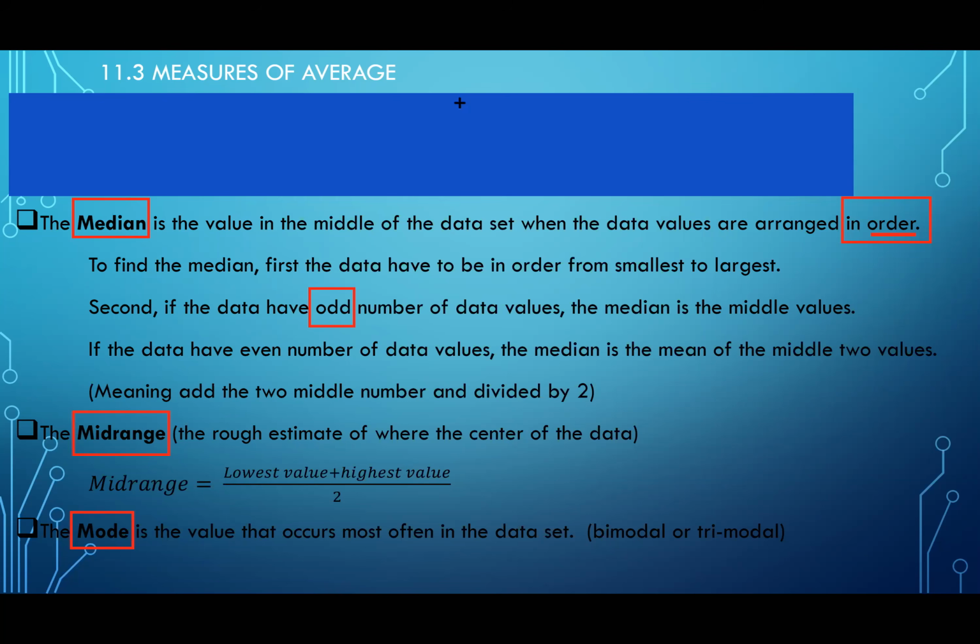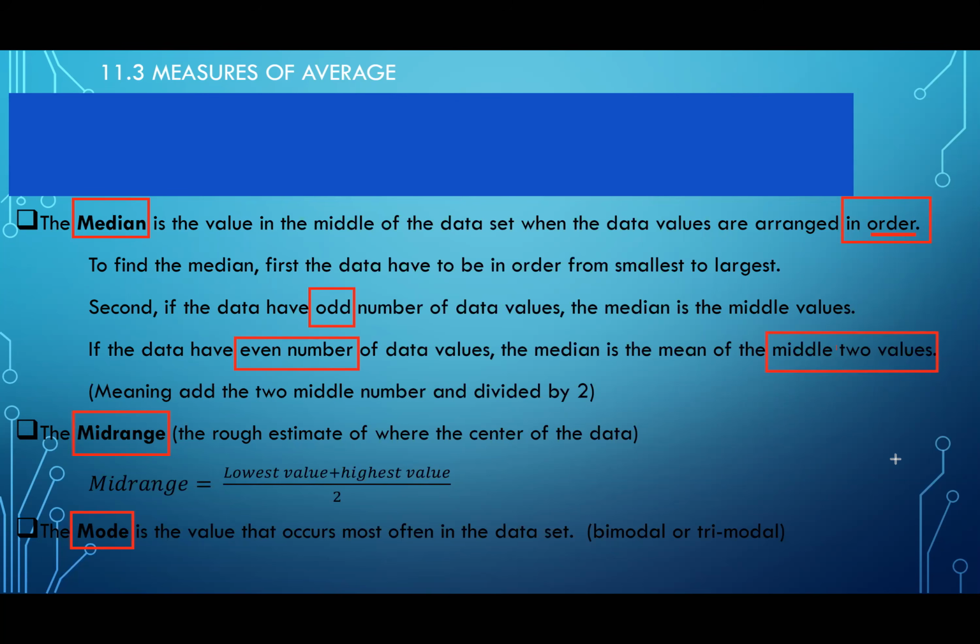If your data is even, a little bit different. In that case, what do we need to do? We need to find the middle 2 numbers, add them up, and divide by 2. So for instance, if my data is like before, 11, 17, 21, 32, 57, and 100.